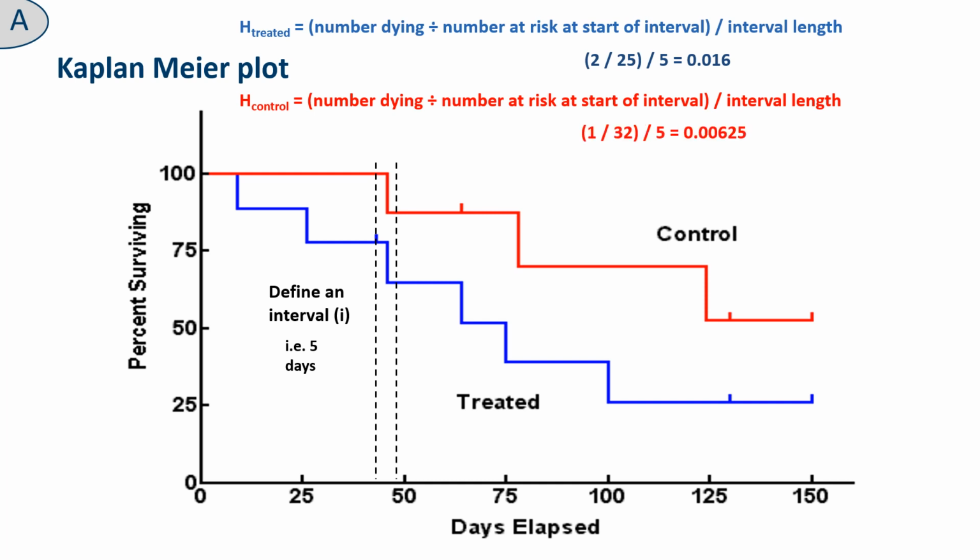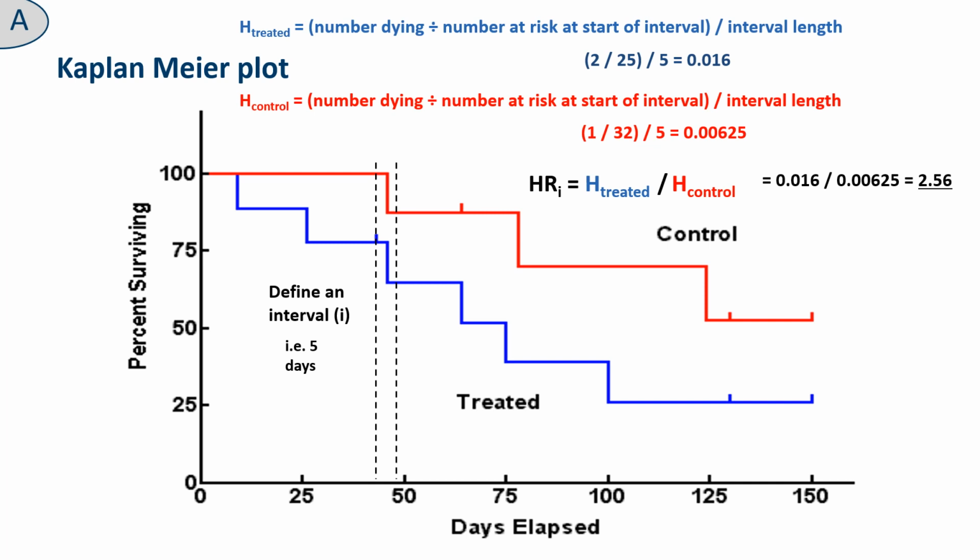Let's just say in this group only 1 died out of 32 people at risk at the start of that interval, then divided by the same time interval of 5 days, and you get 0.0625. And then the hazard ratio for that interval is simply the ratio of those two hazards, which is 2.56.